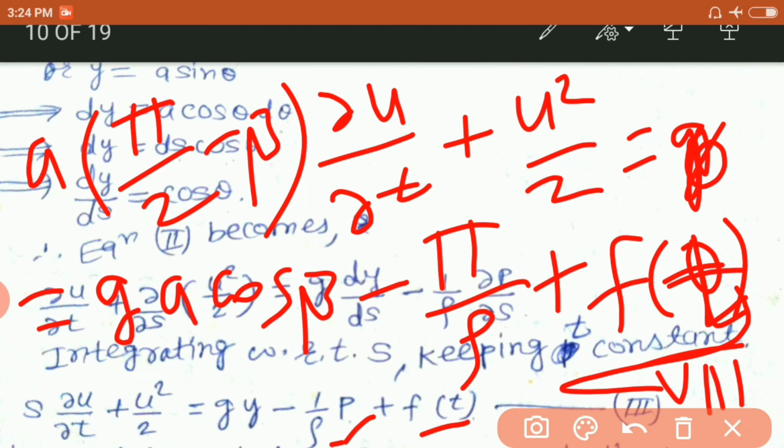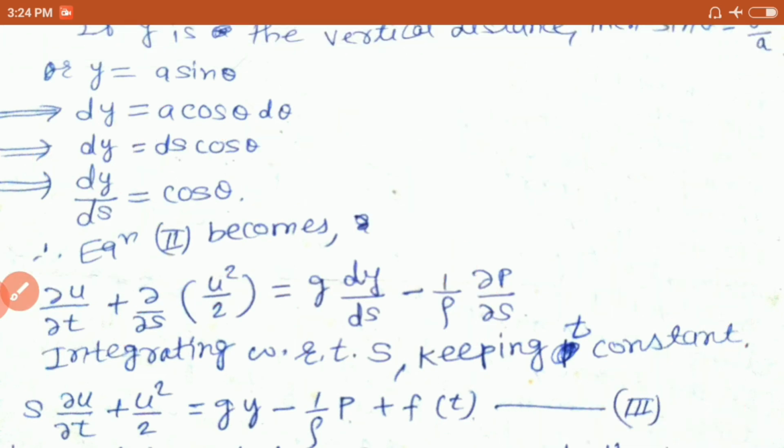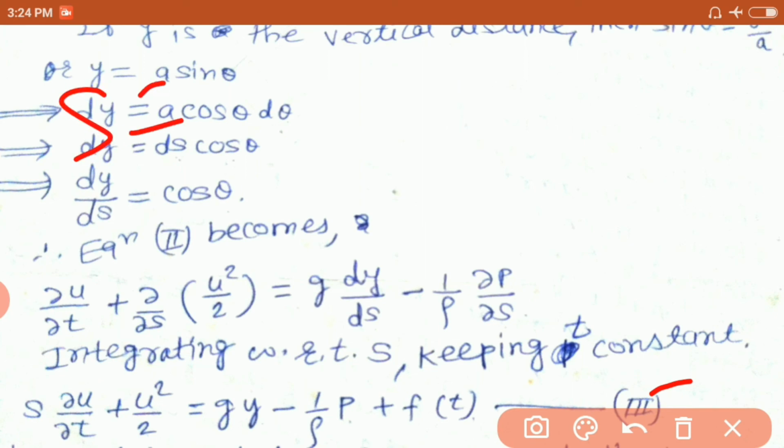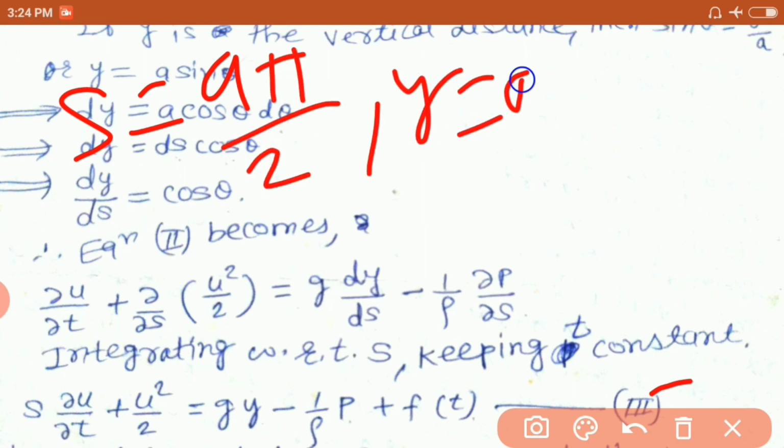Also considering this equation third, at time t, at the end B, s is equal to a pi by 2, y is equal to a, and p is equal to pi.